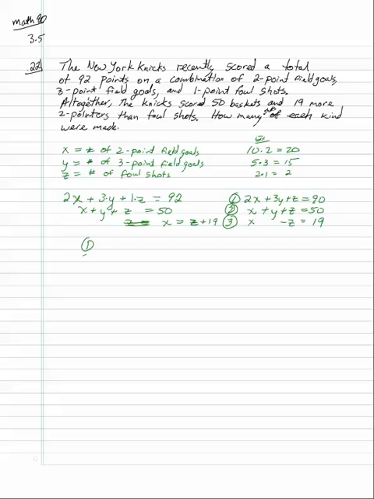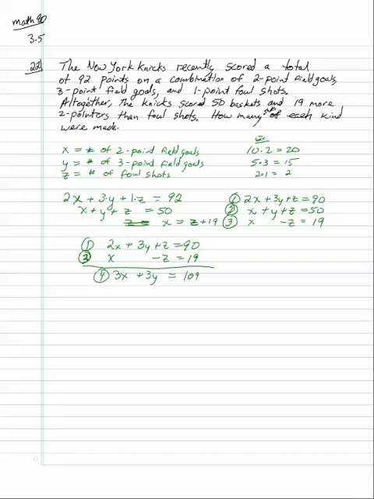So I'm going to take equation 1 and equation 3: 2x plus 3y plus z equals 90, and x minus z equals 19. So I got 3x plus 3y equals 109.